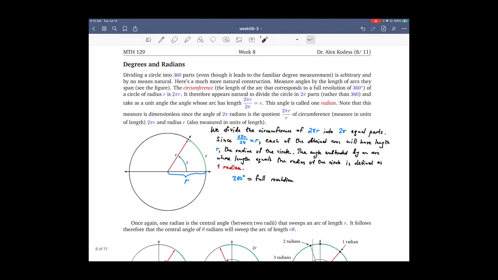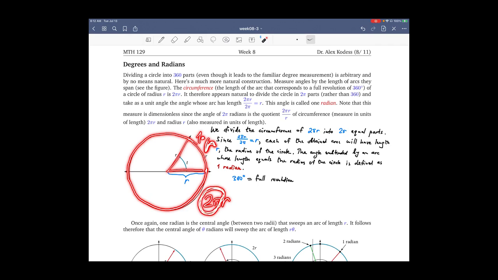Well, 1 radian corresponds to the arc of length r. The arc that corresponds to the entire revolution is an arc of length 2 pi r. Therefore, the entire revolution corresponds to an angle of 2 pi.